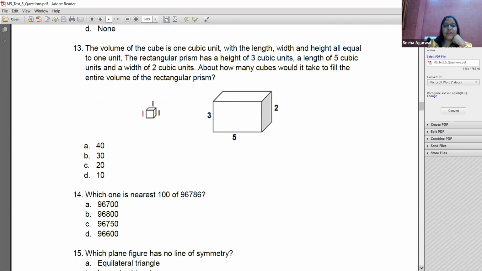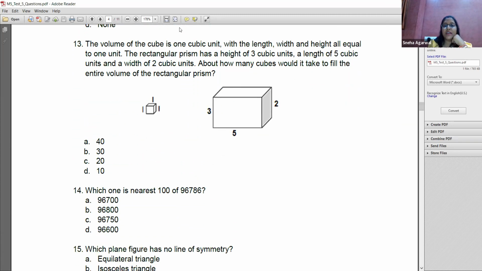The volume of the cube is 1 cubic meter with the length, width and height all equal to 1. Okay. So cube, what is the volume of the cube, guys? Do you know what is the volume of the cube? Volume of the cube is A cube, right?